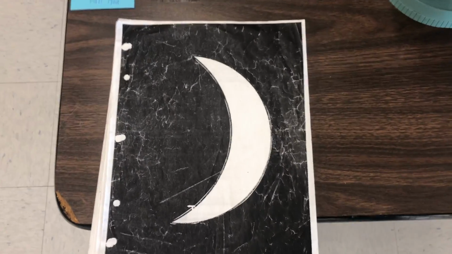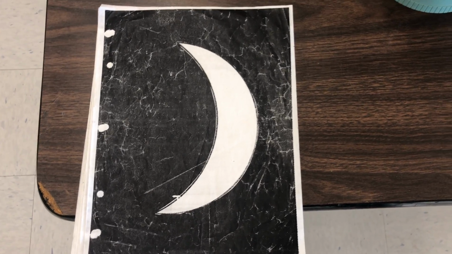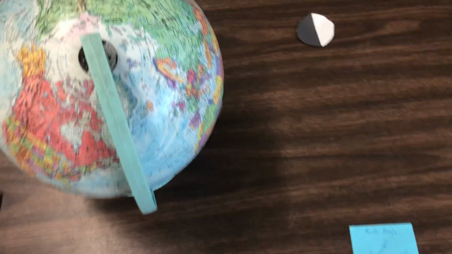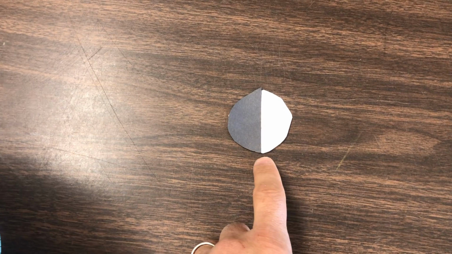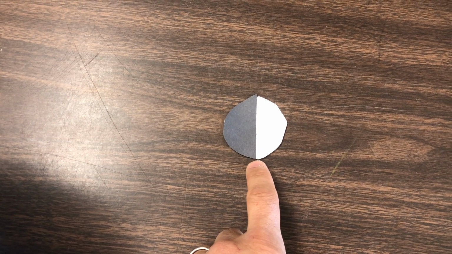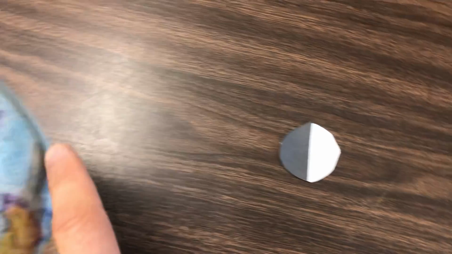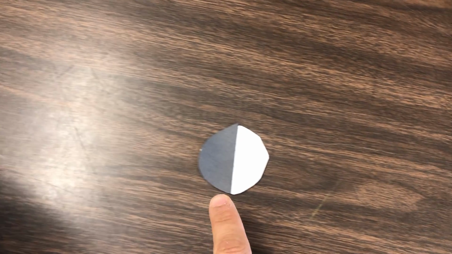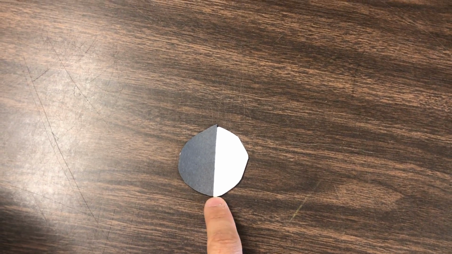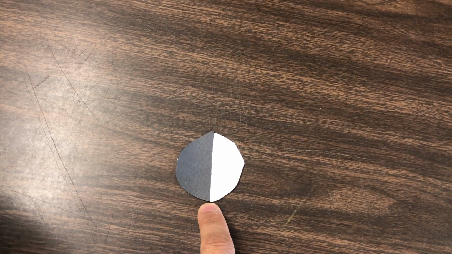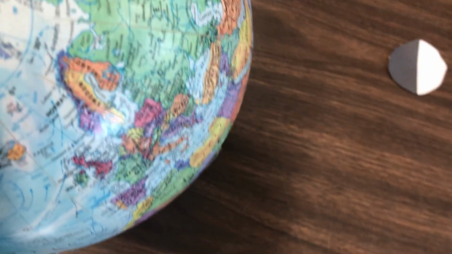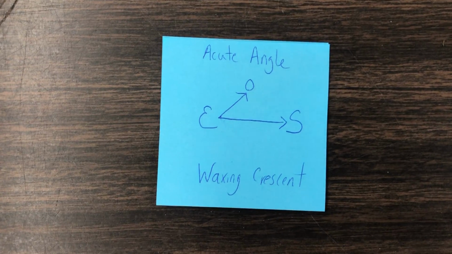So from Earth, we would now see the moon like this, which is basically a little sliver of the moon on the side, which makes that crescent shape that we see from Earth. From our perspective, we see this little corner of the lit up side of the moon. And again, this would be an acute angle between the sun, Earth, and moon.